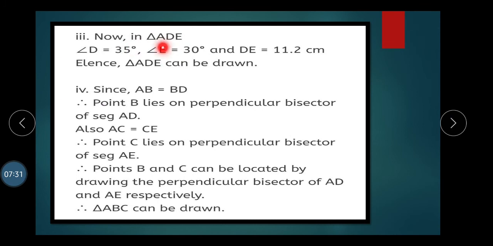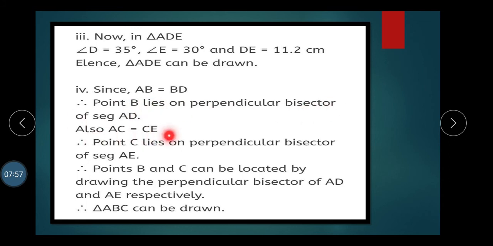Now in triangle ADE, angle D is equal to 35 degree, angle E is equal to 30 degree, and side DE is given as 11.2 centimeter. Hence, children, triangle ADE can be drawn. Since AB is equal to BD, point B lies on the perpendicular bisector of seg AD.